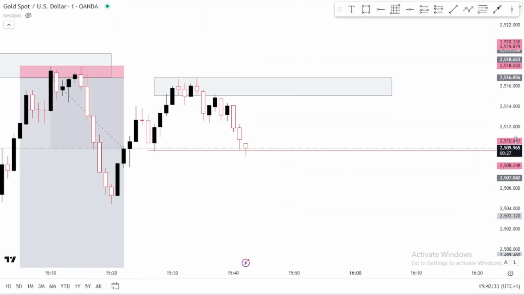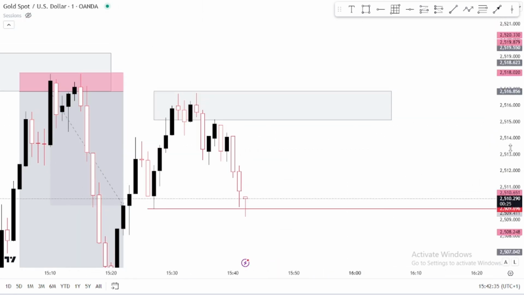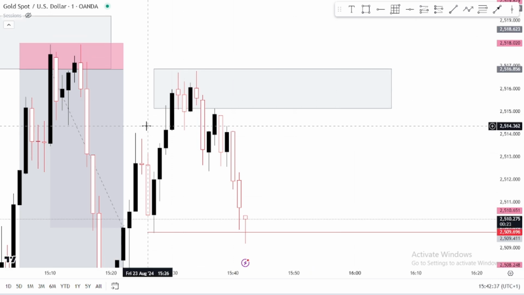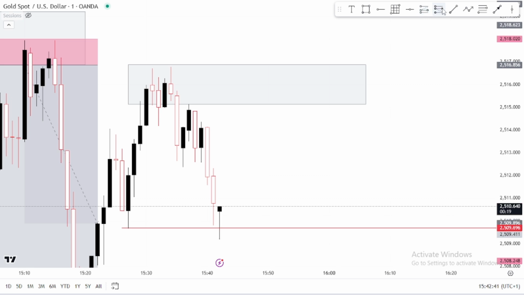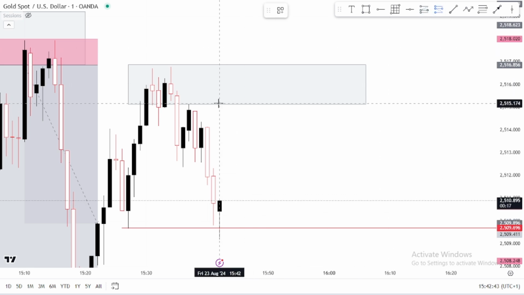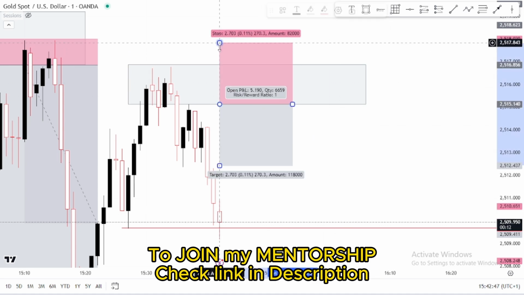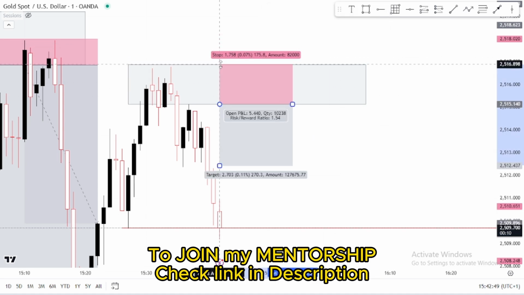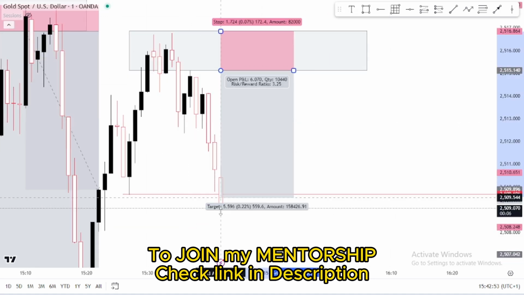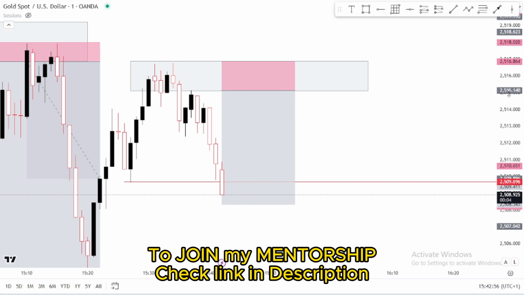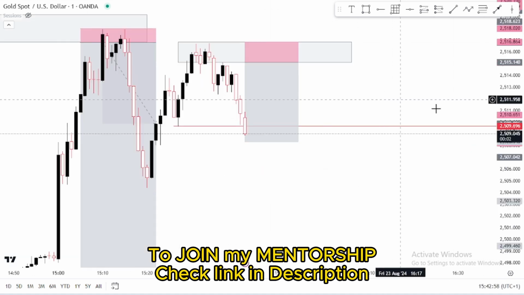Okay, the 1 minute time frame is still the same order block. So this is a very low time frame, and I'm going to make use of this particular order block straight up. I'm going to set my entry right there, then I'm going to set my stop loss above it here. Then I'm going to set take profit the same way I set others.